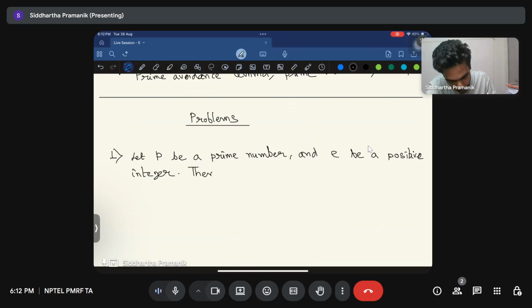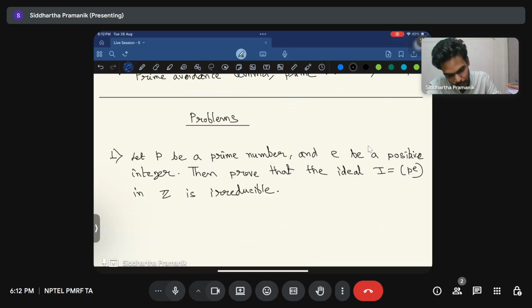Then prove that the ideal I generated by the element p^e in the ring Z is irreducible. So we have taken an ideal which is generated by a power of a prime number, and we need to prove that this ideal is an irreducible ideal in the ring of integers.